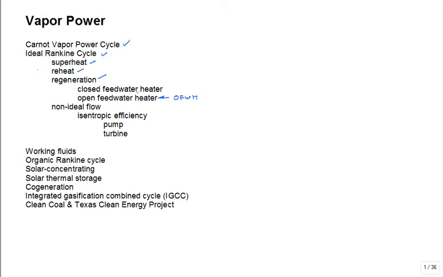And today we'll pick up with a closed Feedwater heater. We'll review how to handle non-isentropic pump, non-isentropic turbine, and then we will finish by talking about some general considerations and some other topics associated with vapor power cycles.